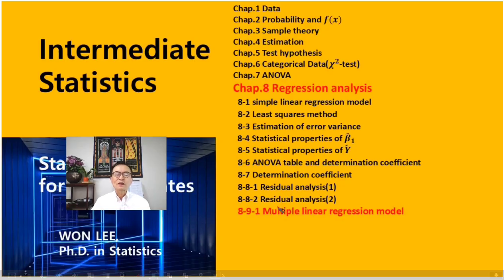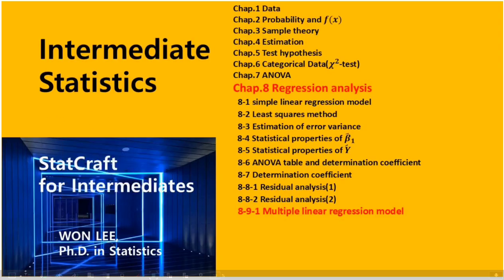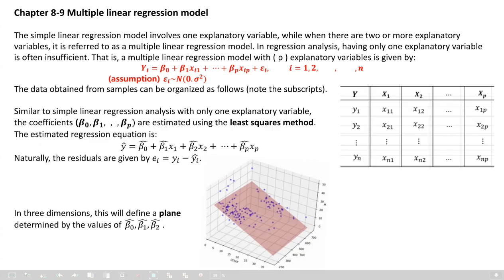Now, we come to the multiple linear regression model. What is that? When you have two or more explanatory variables, then we call that the multiple linear regression model. The simple linear regression model involves one explanatory variable, while when there are two or more explanatory variables, it is referred to as a multiple linear regression model.